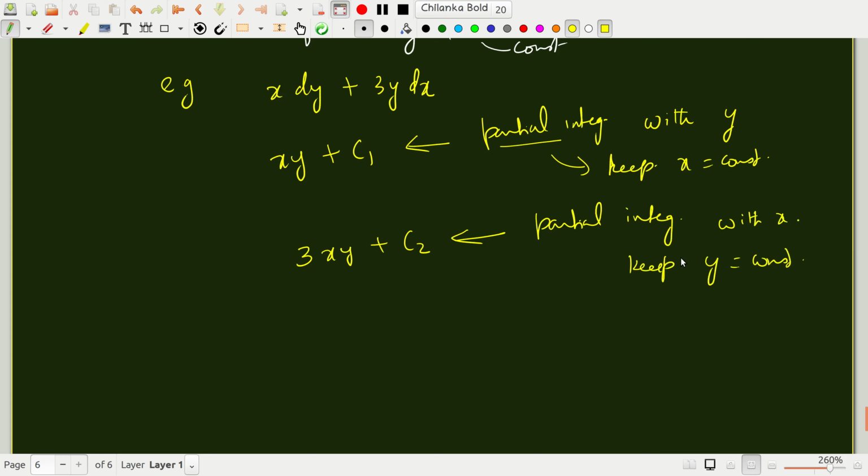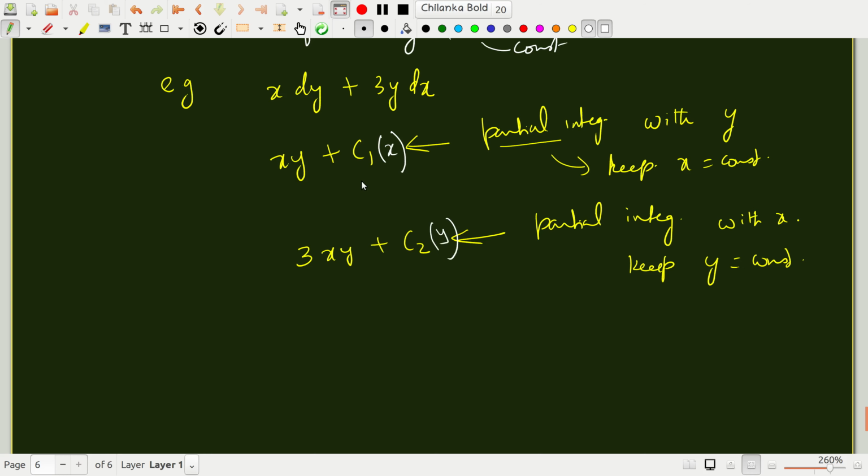There is one very important point which I didn't mention. If I partially integrate this with respect to y, then the constant can in general be a function of x. Likewise, if I partially integrate with respect to x, the constant can in general be a function of y.